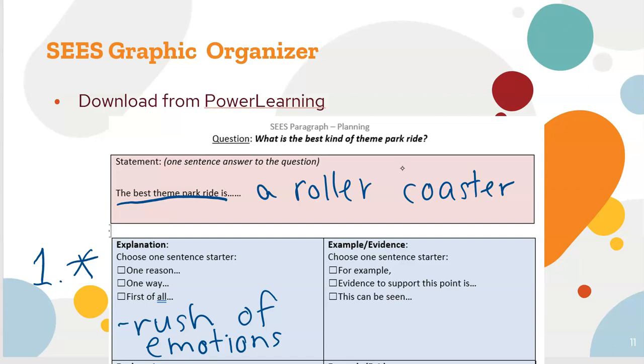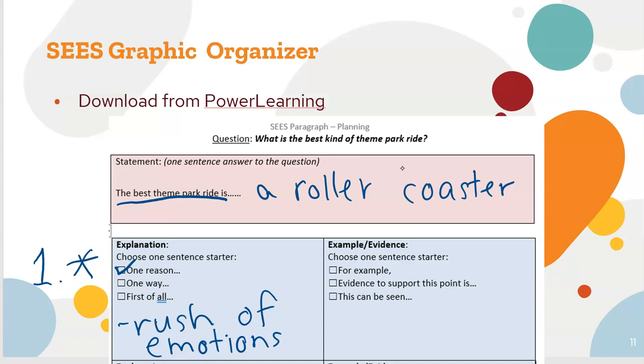Now, I'm going to choose a sentence starter for my first explanation sentence. I could say, one reason a roller coaster is the best theme park ride is because you experience a rush of emotions. I like the way that sounds. I'm going to put a check mark here to indicate that I'm going to use the sentence starter, one reason.